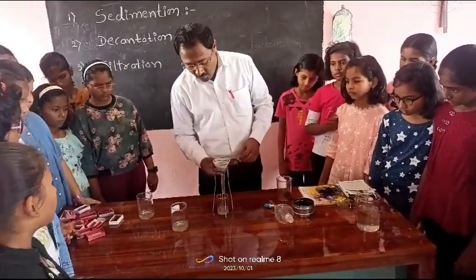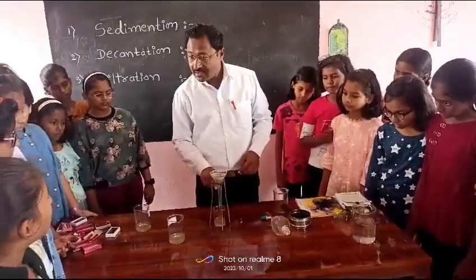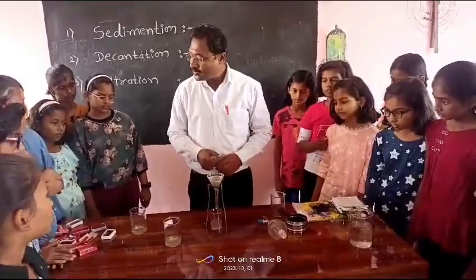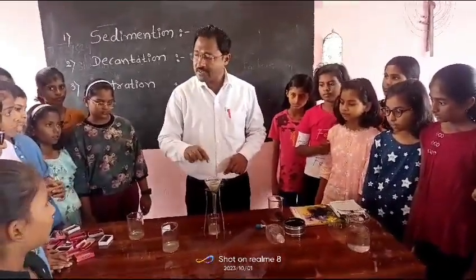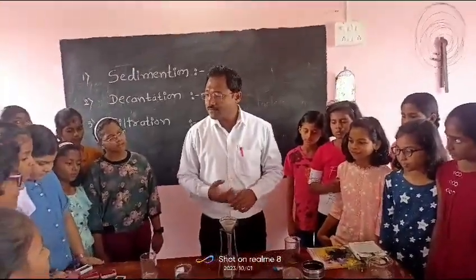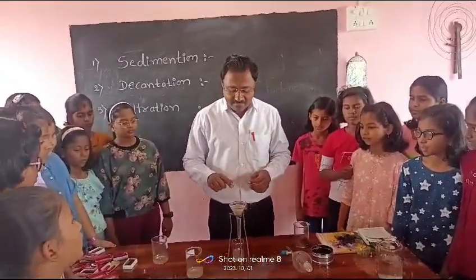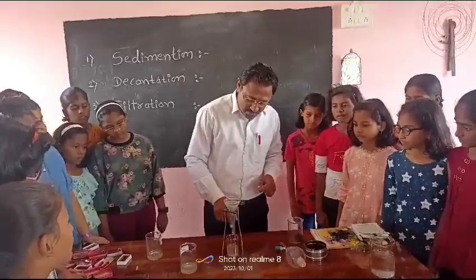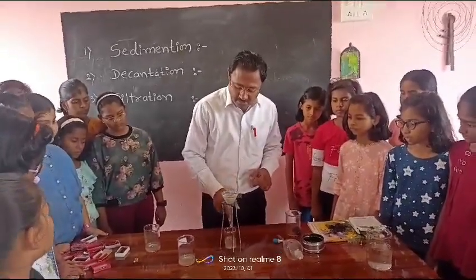The water passes through the filter paper, and it is pure water. Why is it pure water? Because it is passing through the filter paper. What is the function of filter paper? To remove the residue.